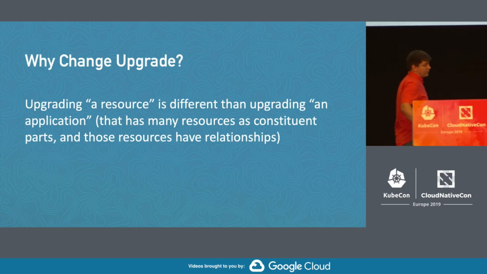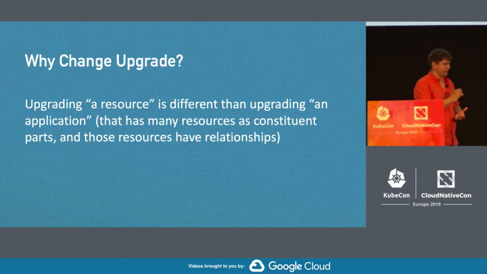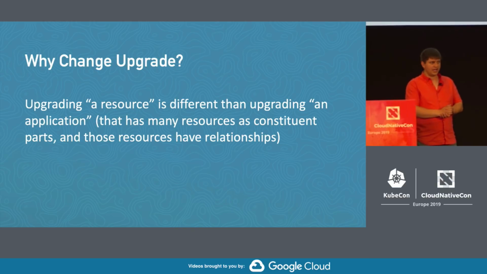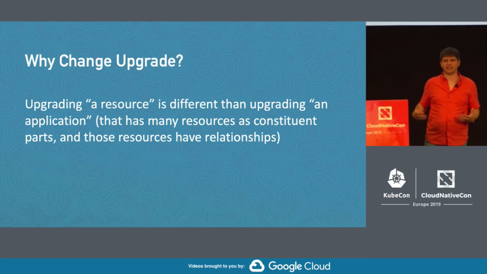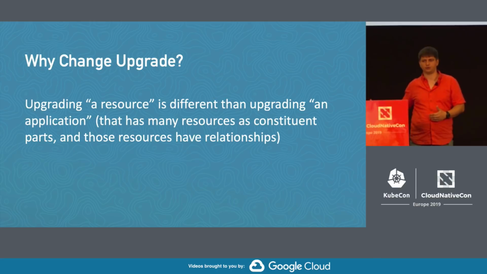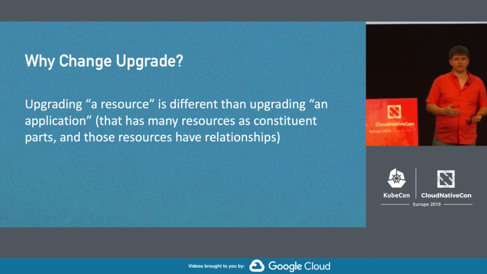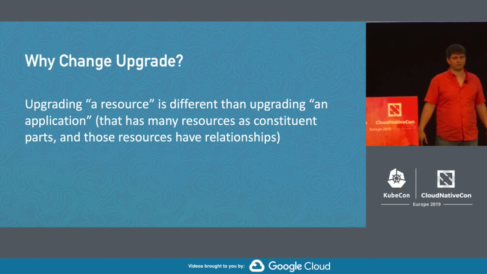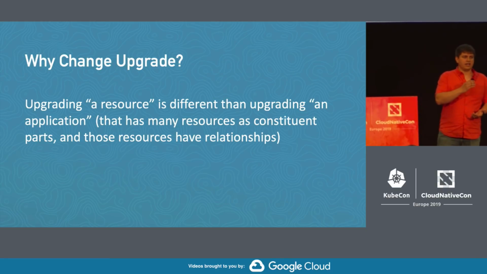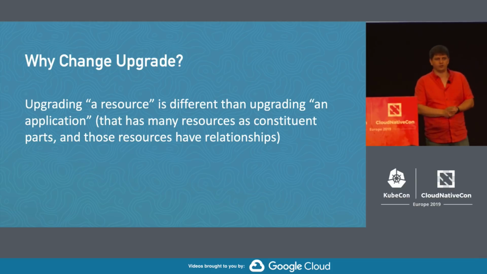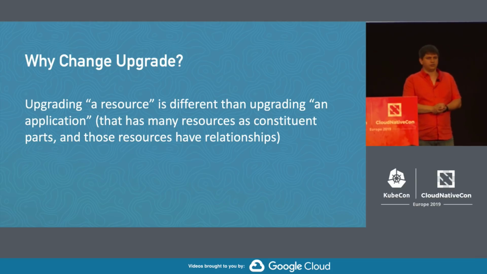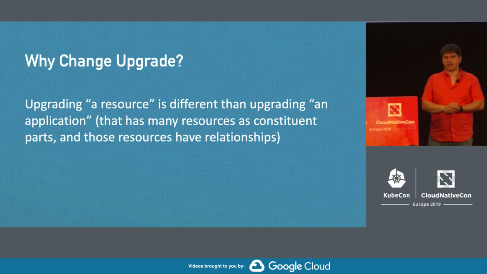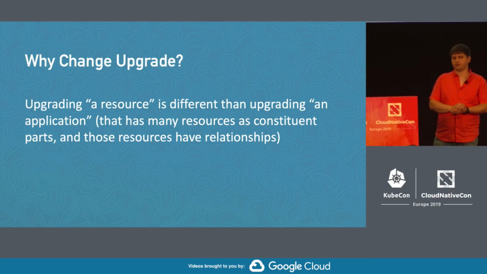The other thing about changing upgrade is that we can't necessarily treat an individual resource inside of an application the same as we treat another resource. There are relationships between all the different resources inside of your application. For example, if you update a config map or a persistent volume, or heavens forbid you delete your persistent volume claim, should that delete your entire persistent volume and all state from your application?